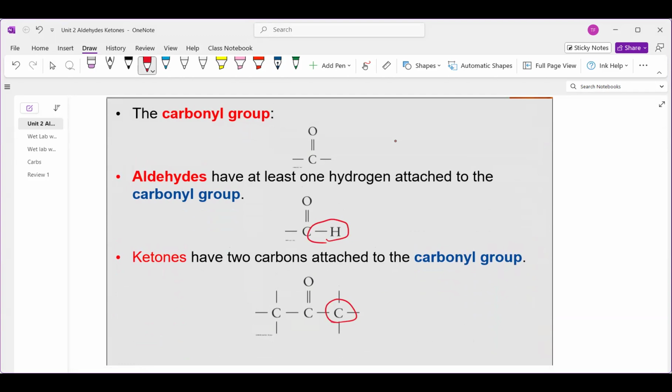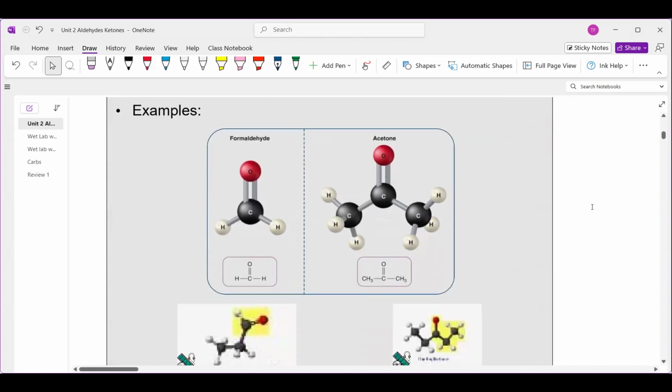If it's something like a carbon, it'll be called a ketone. Now the way we draw it with a line drawing is going to be for a ketone, for an aldehyde.